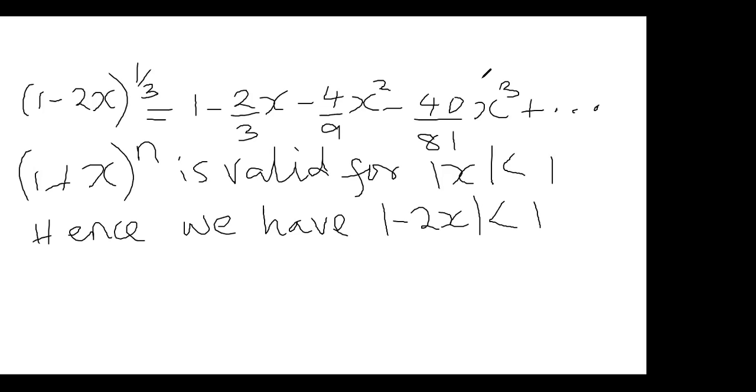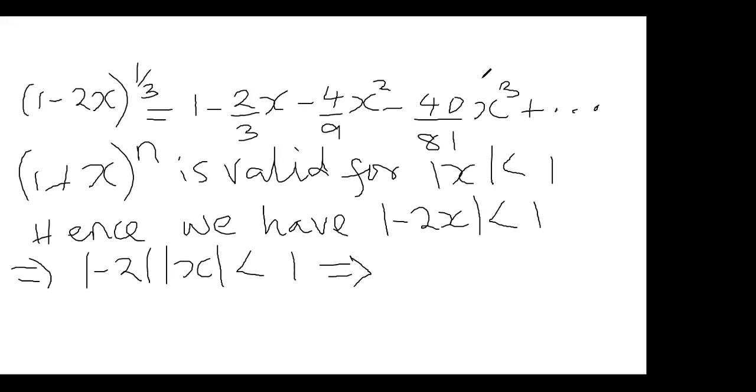And then we can simplify that. The absolute value of -2x can be written as the absolute value of -2 times the absolute value of x, so saying less than 1. And then what's the absolute value of -2?